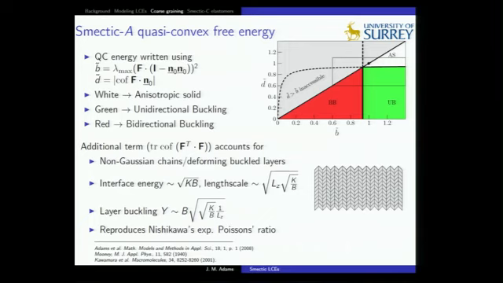As Antonio said yesterday, it's a bit more complicated in 3 dimensions, but nonetheless the same thing can be done. The trick there is to write the energy in terms of 2 convex parts. The first bit is lambda max, the maximum singular value of this matrix, the deformation matrix dot this projection matrix.